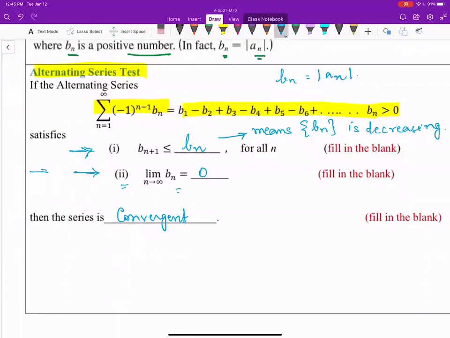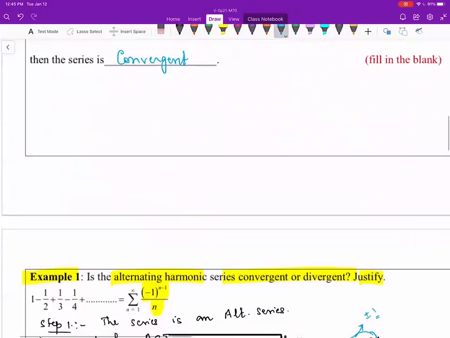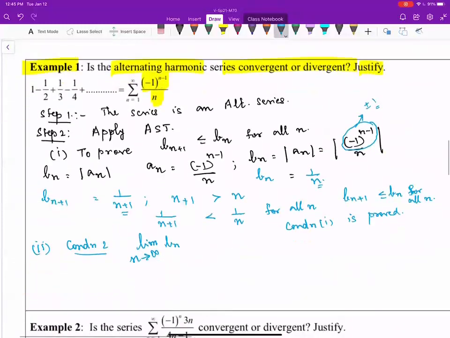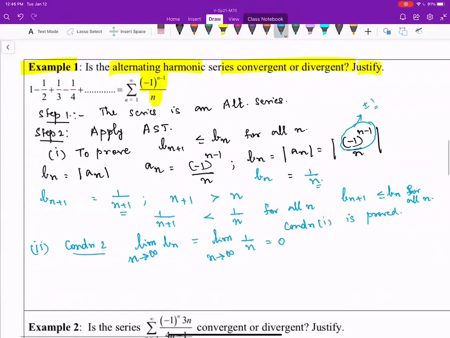Now we do the second part, the limit as n approaches infinity of b sub n. b sub n is always positive, the positive part of the alternating series, which is 1 over n here. So 1 over a very large number is equal to 0. Condition 1 is proved. Condition 2 is proved as well.